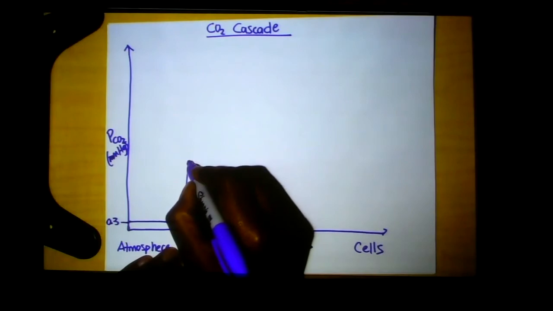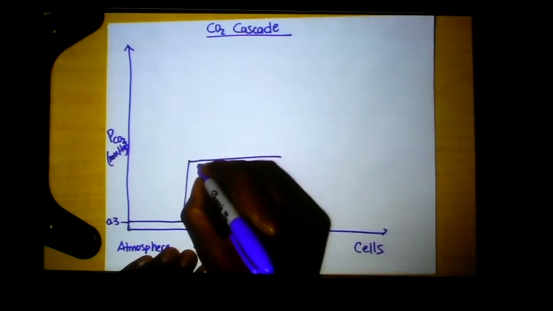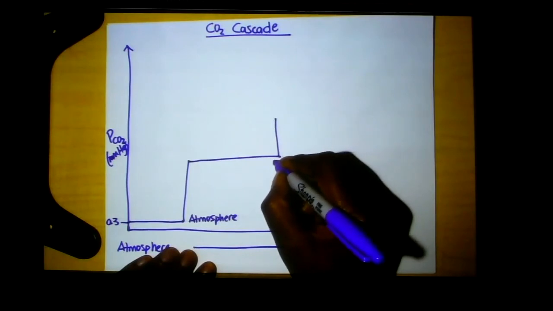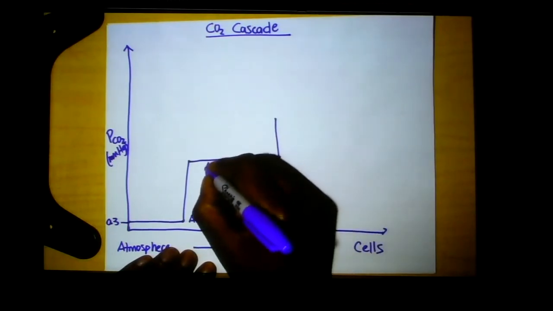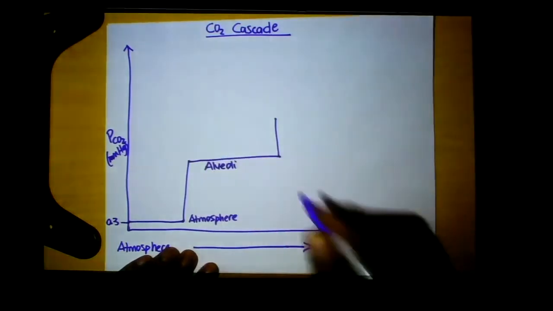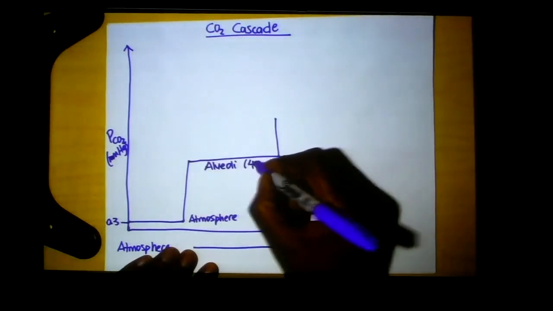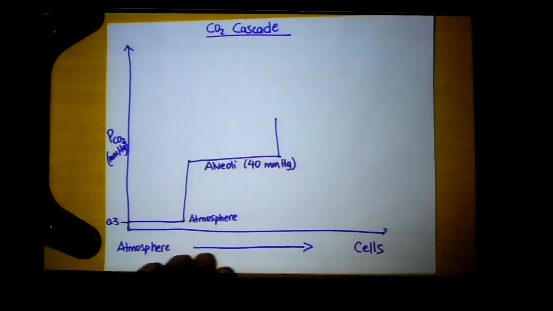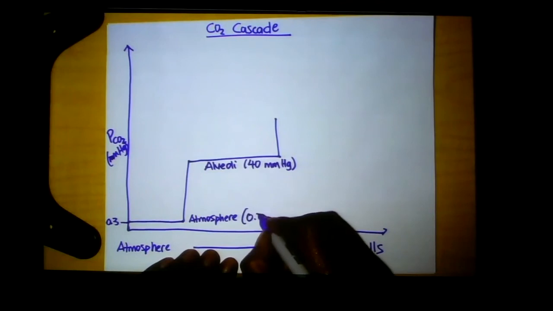And then by the time we get to the alveoli, we have an increase again. So the alveoli has a partial pressure of 40 millimeters of mercury. This was 0.3.